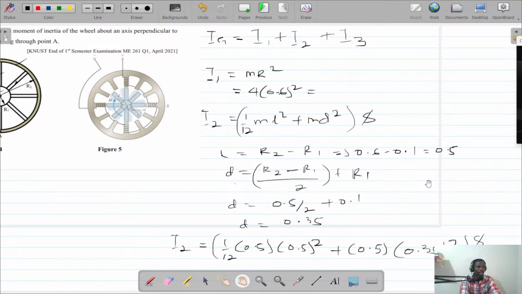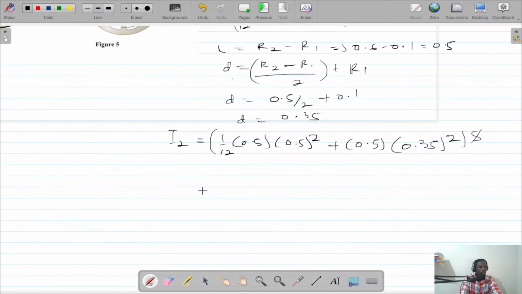So I1, we have 4 multiplying 0.6 squared. That will give us 1.44. All right, sure, thanks. 1.44 kilogram meter squared. And then I2, what do we have?